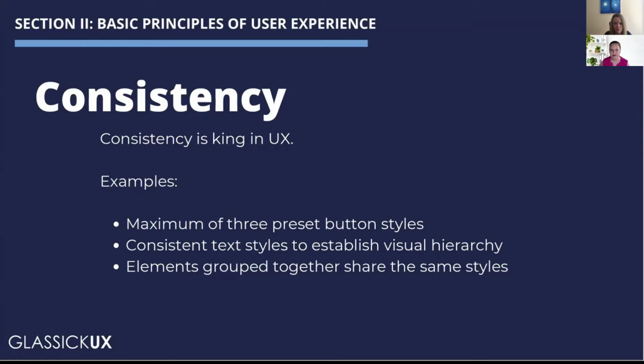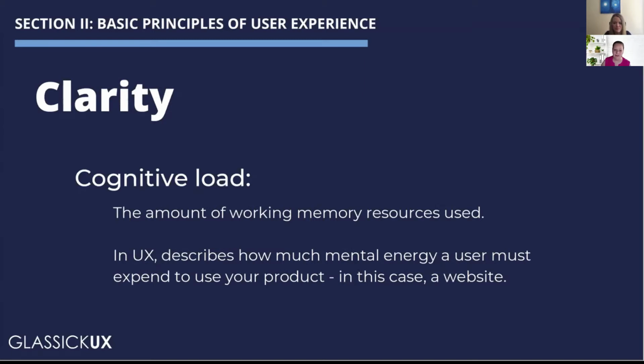For example, if you have on your website 3 packages and you have them set up in 3 different cards, all of those cards should look and react the same. That helps the user to understand without having to think too hard that these are all similar elements that are grouped together. These are just examples. There are, of course, many other ways that you can improve the consistency across your website.